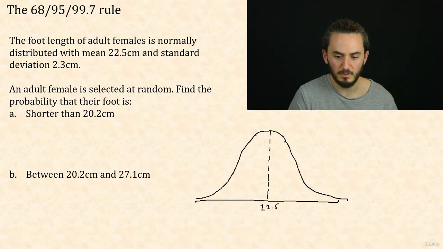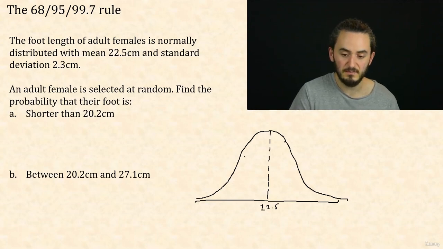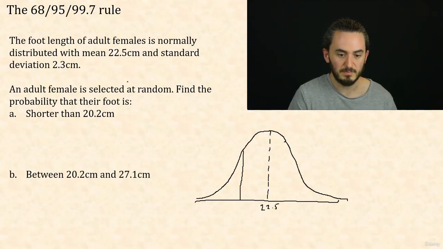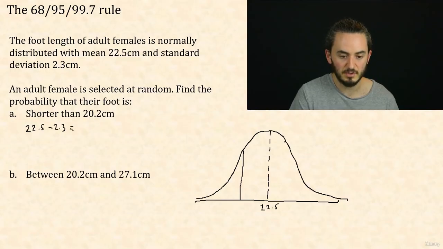Where did that come from? If I go one standard deviation back from the mean, that's the mean, 22.5, minus one standard deviation. That takes me down to 20.2.